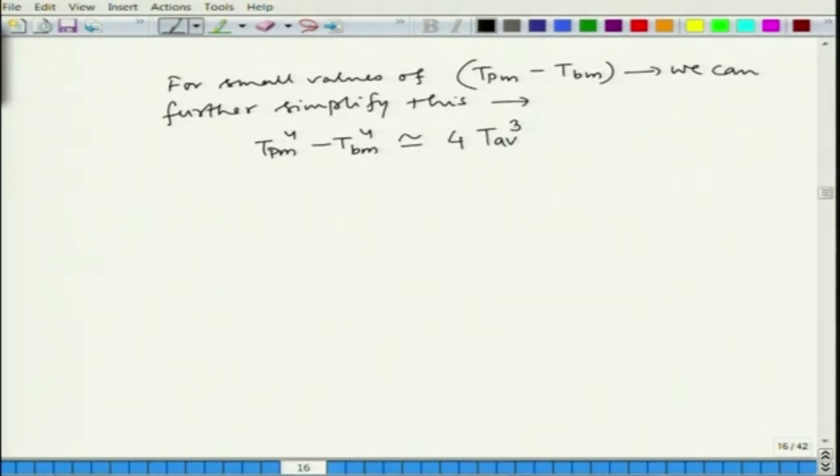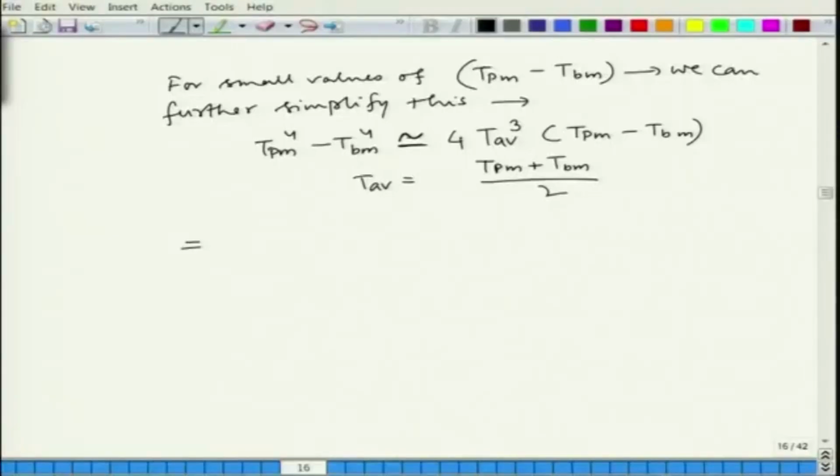4 times the average temperature cubed multiplied by T Pm minus T Bm. Okay. So, this is nothing but a close approximation to the overall term, and here T average is nothing but the mean of these two temperatures, T Pm plus T Bm divided by 2, which is very closely accurate if you have a small T Pm minus T Bm value.